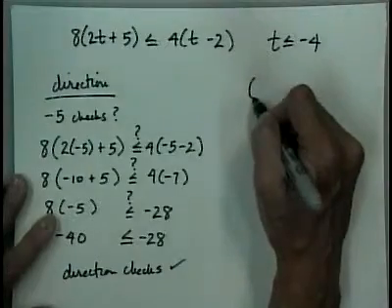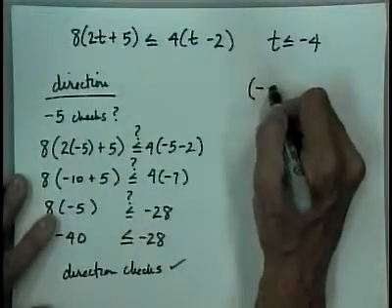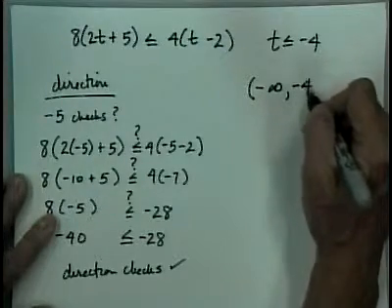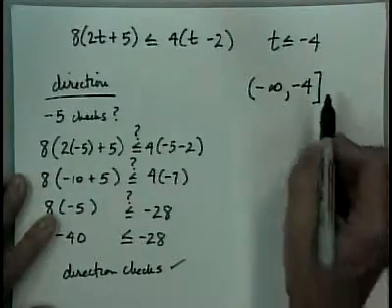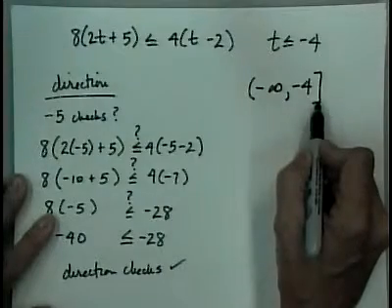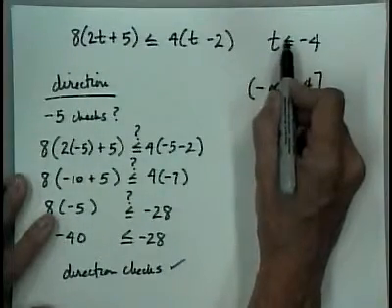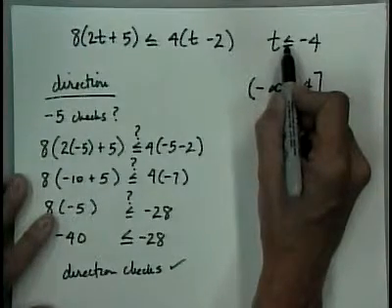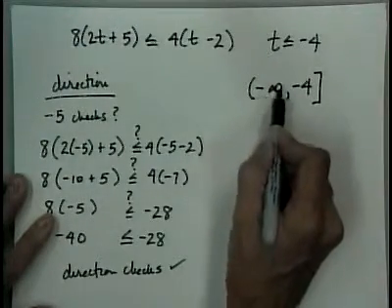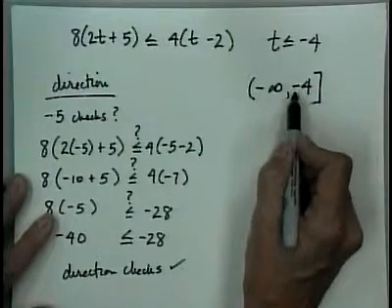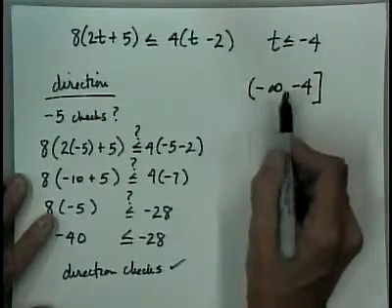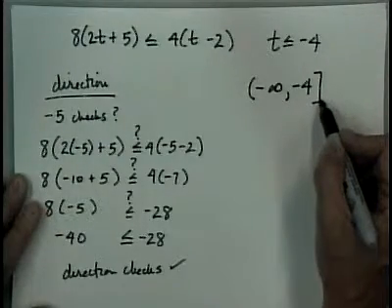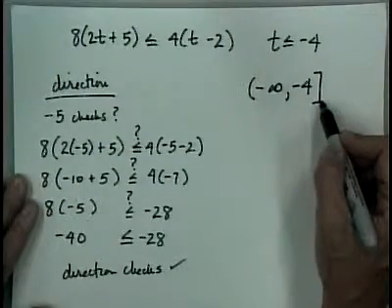We use a parenthesis symbol and then negative infinity with a comma, the number negative 4, and a bracket. Recall that a bracket is used when the equal to part of the inequality is included in the solution set. This negative infinity symbol is to indicate all numbers less than or equal to negative 4. And so here's our interval notation form of our solution set.